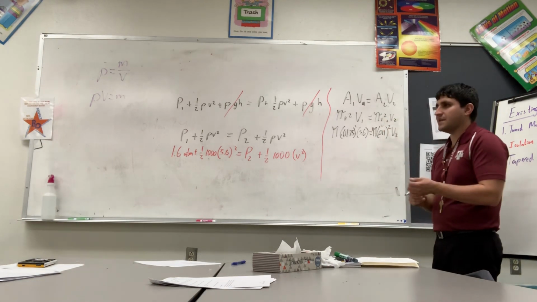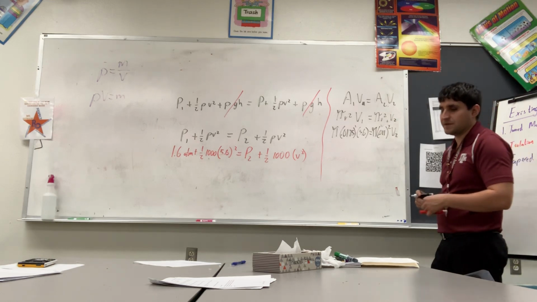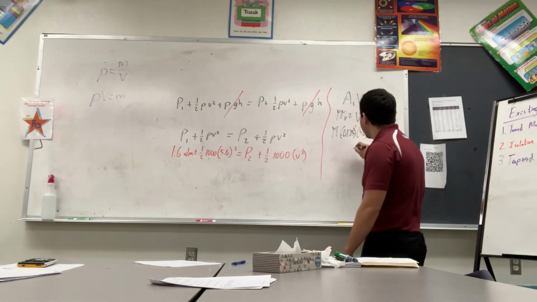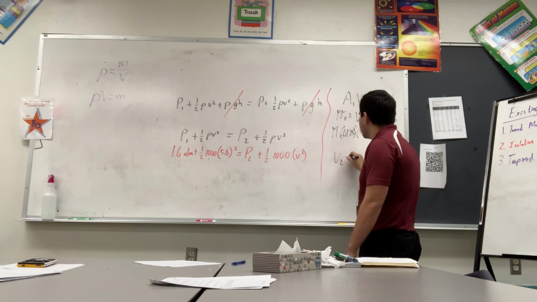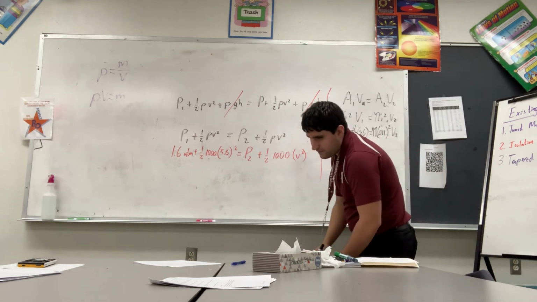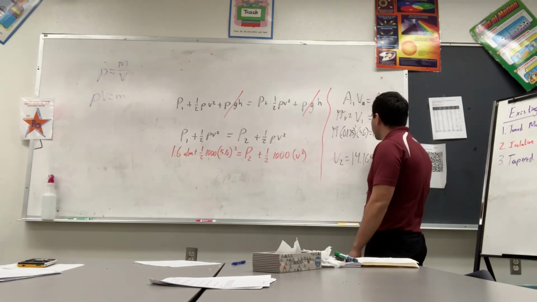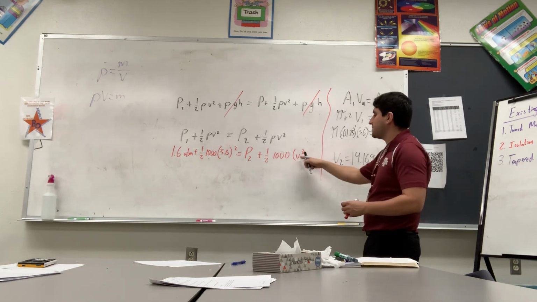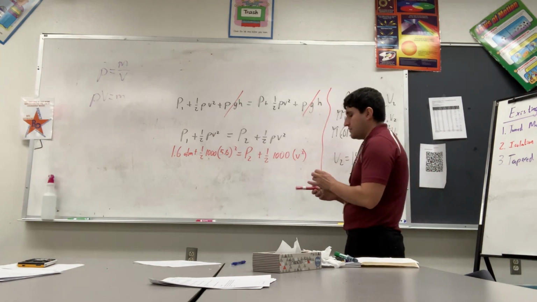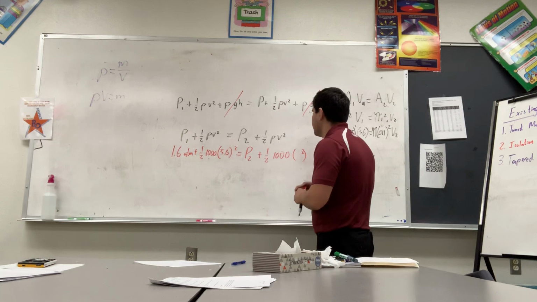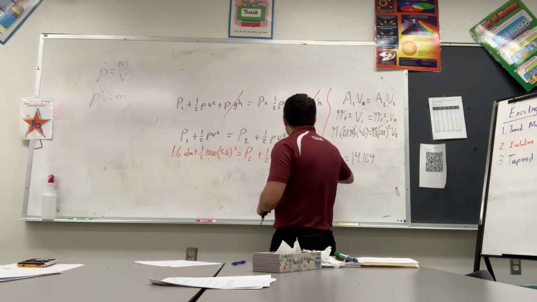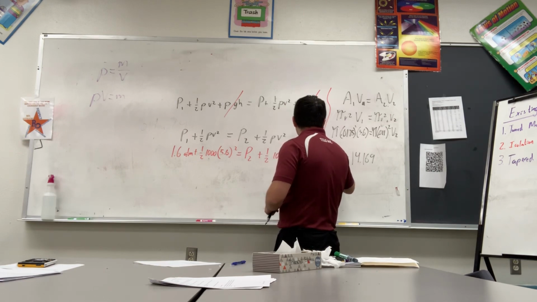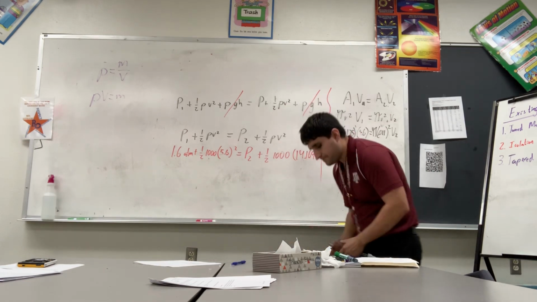So I do some math there, and I end up with a velocity of V2 equals 14.169. So that becomes my velocity right here. So that becomes 14.169 squared.